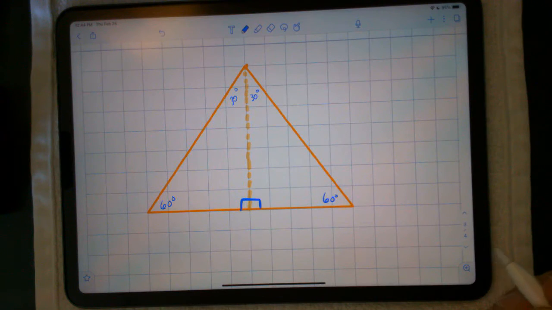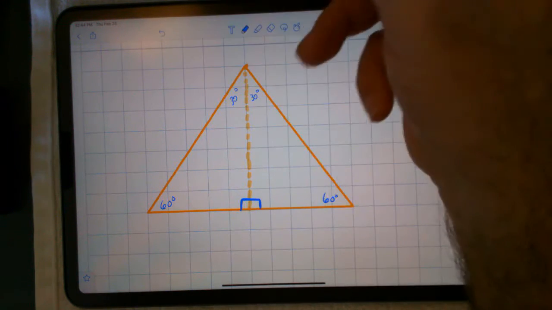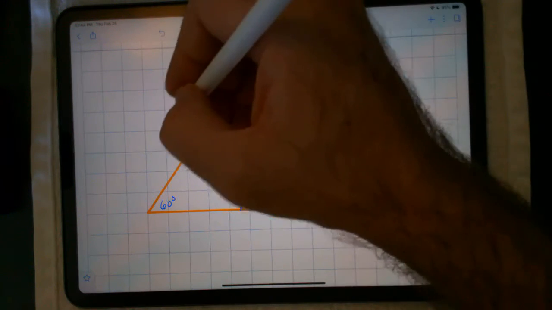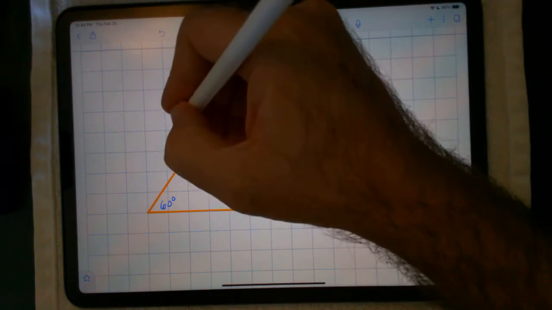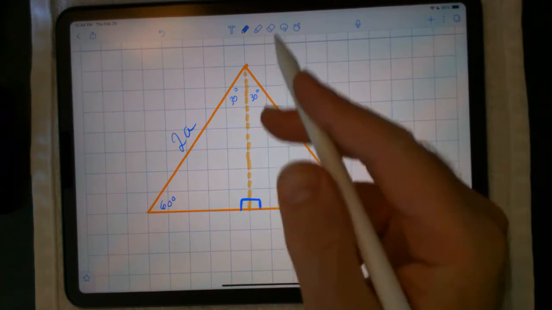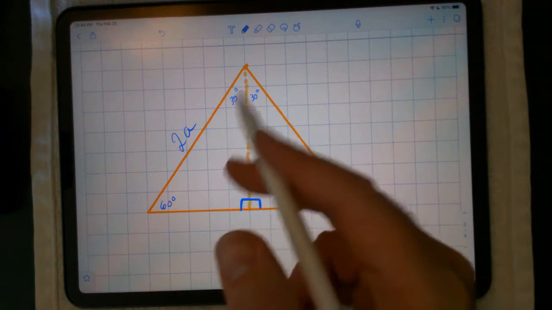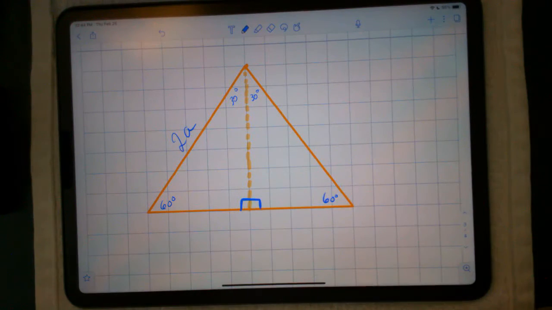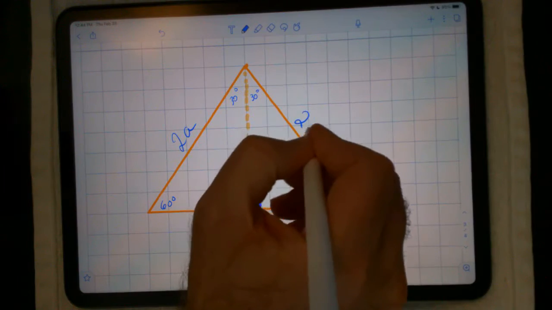Okay. Now, if we start with length, it doesn't matter what the length is. Let's call the length 2a. So if our equilateral triangle has length 2a, since it's equilateral, each side needs to have a length of 2a. They all need to be the same.